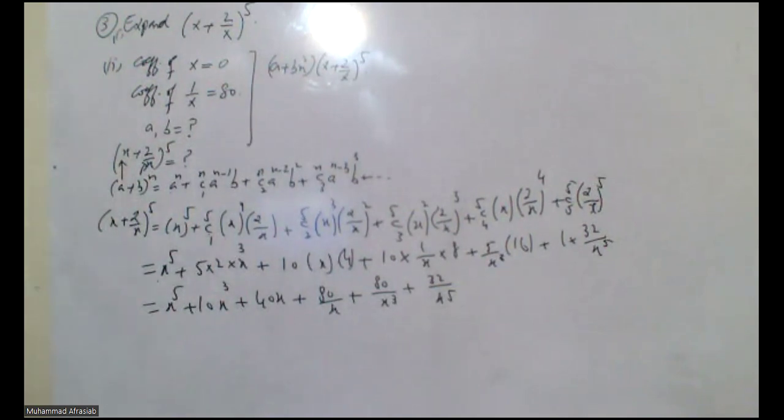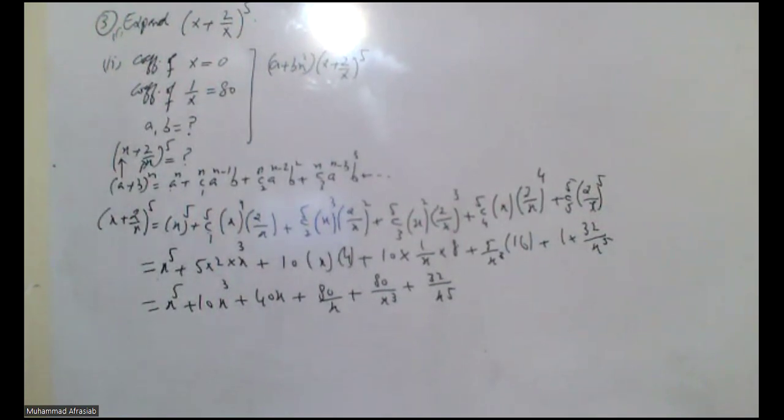Now we have to find out the values of a and b, where (a plus bx^2) into (x plus 2 over x)^5 is there.